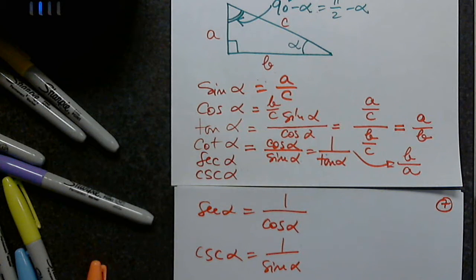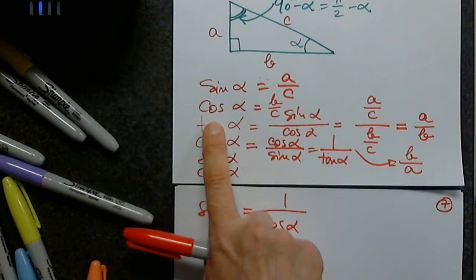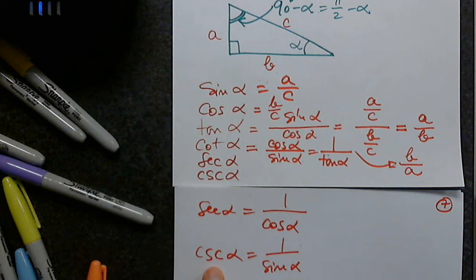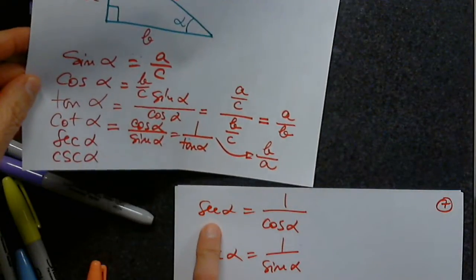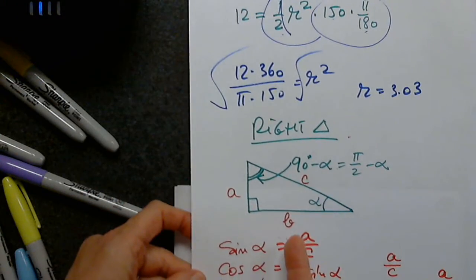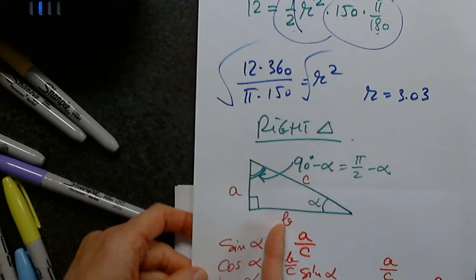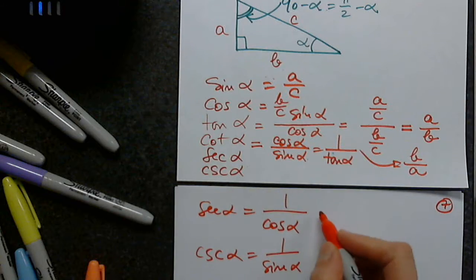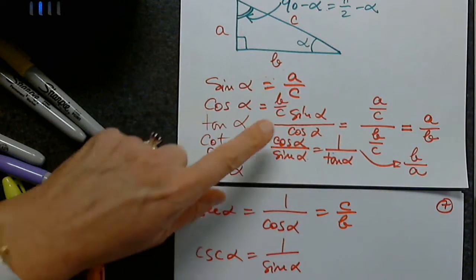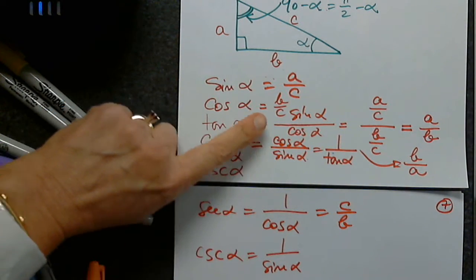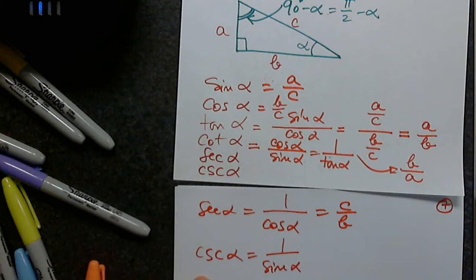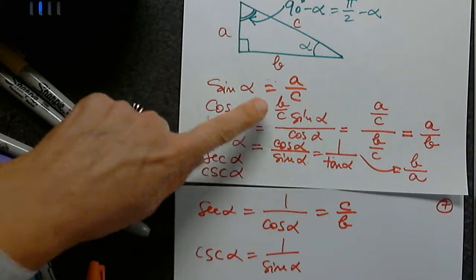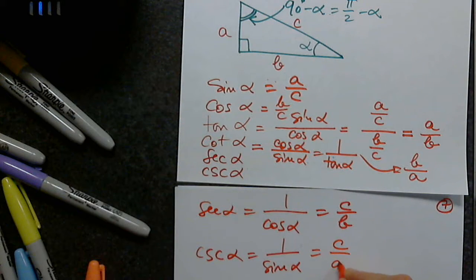So secant alpha is 1 over cosine, and cosecant alpha is 1 over sine. Going back to the right triangle, secant is c over b, the reverse of cosine. And cosecant alpha will be the reverse of sine, which is c over a.